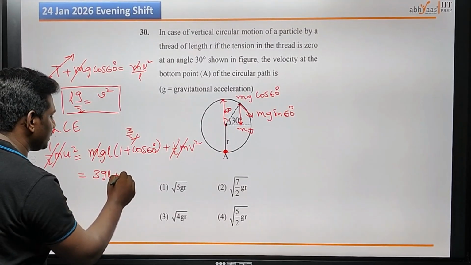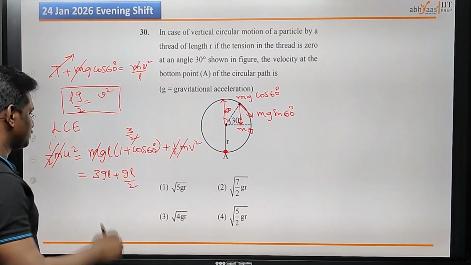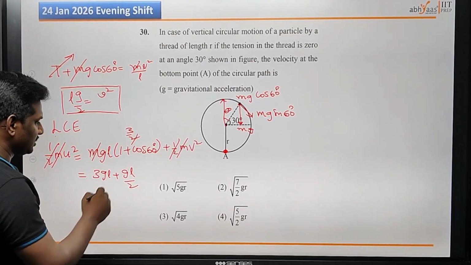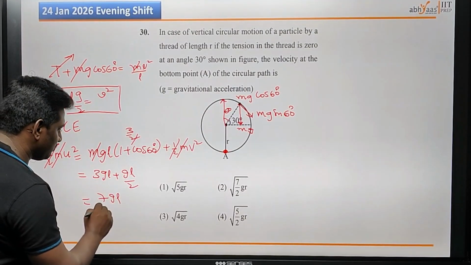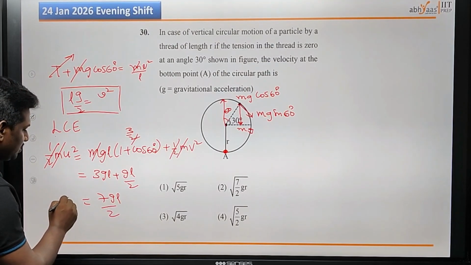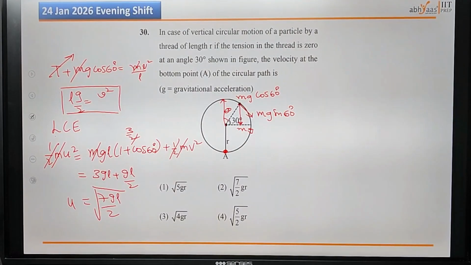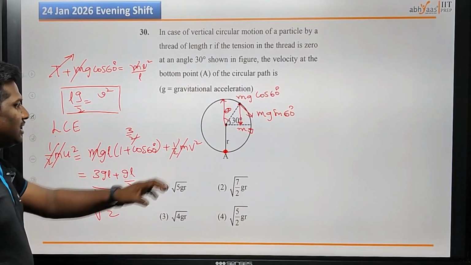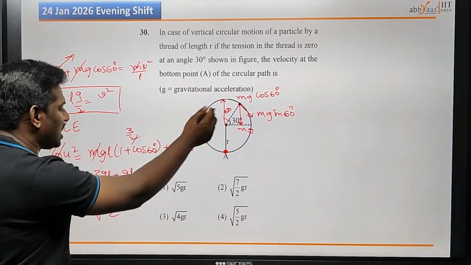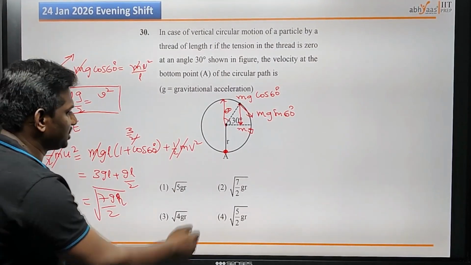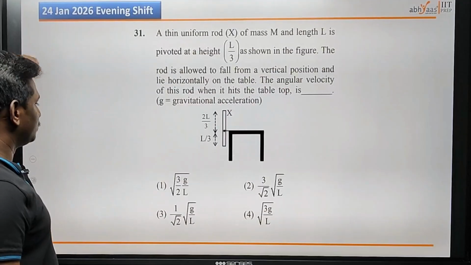What is the value of v square? gL by 2. So 6 plus 1, 7 gL by 2 is u square. u value is under root 7 gL by 2. L is nothing but length, that is R. You can write R here also. No worries. So the option is your 2.